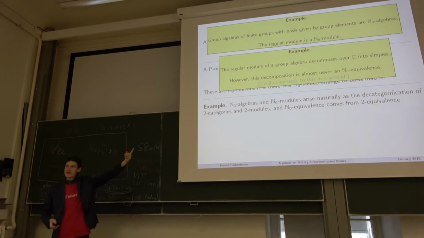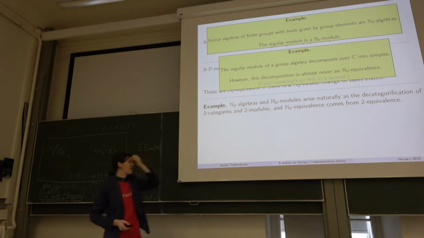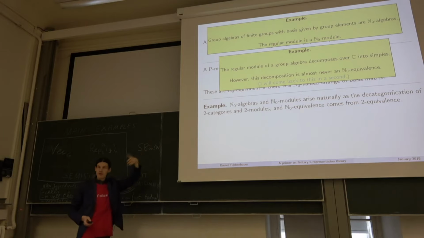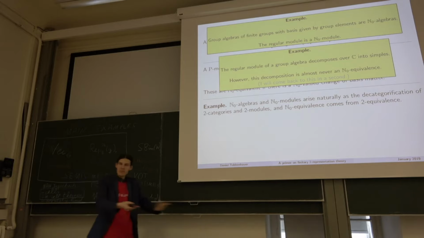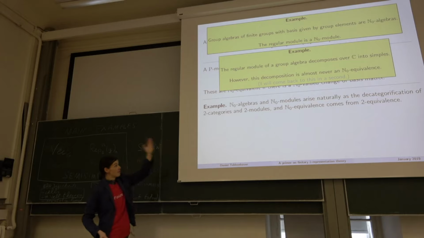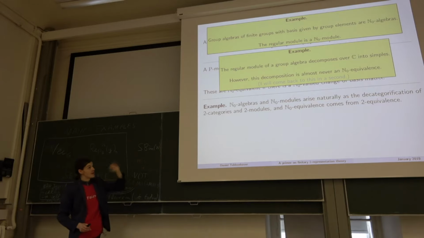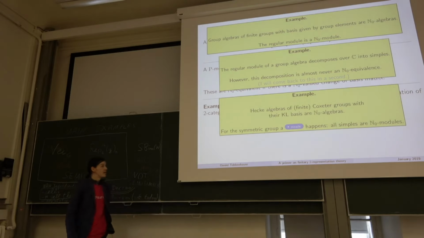In particular, usually you can't use the usual decomposition, which you know for simples of groups, because you will do some Jordan theorem, which involves complex roots, like we've seen before. So usually the regular module in this setup is not decomposable into the simples. It's almost never the case, actually. I will come back to this in a second.